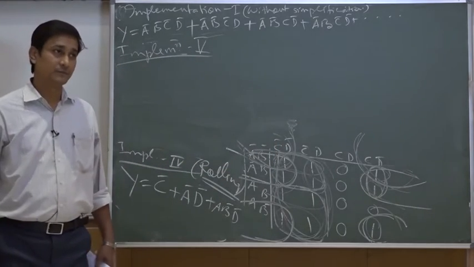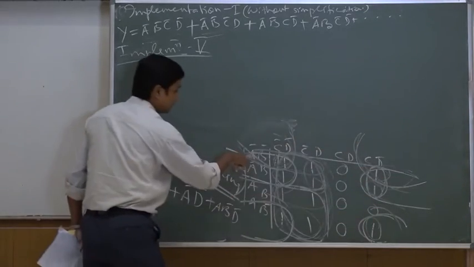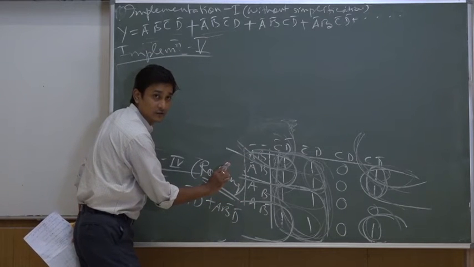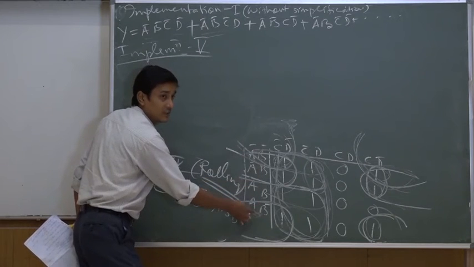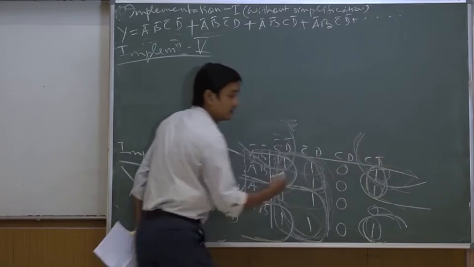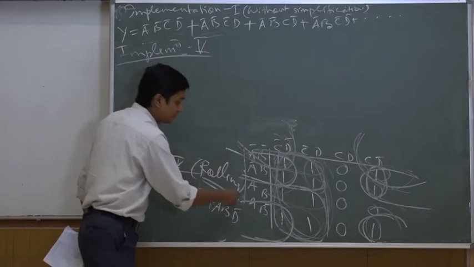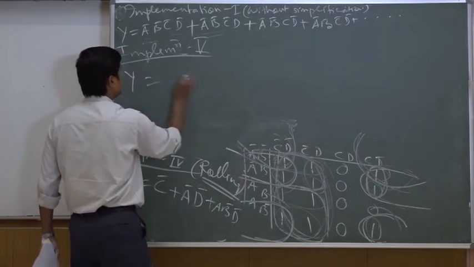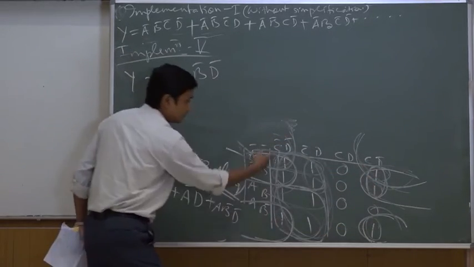Karnaugh map. Okay? So, that way if I group them also, what is the expression here and here? A bar, A gone, A bar and A is gone, so only B bar will be present. Similarly, here and here C bar, C, so only D bar. So, for that the expression will become B bar D bar for this consideration.